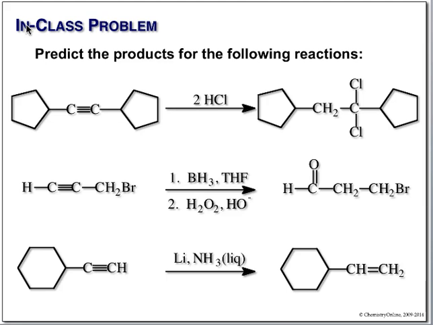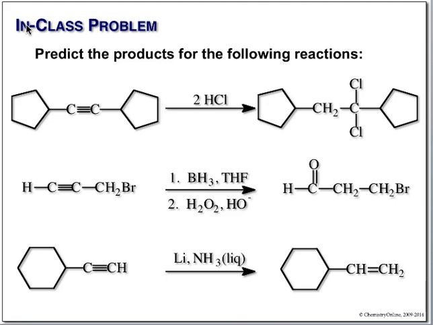We look at our conditions. Lithium, liquid ammonia. Causes a trans. That is reduction, partial reduction. We would get a trans double bond. But watch out for that, because this is a terminal alkene, we're going to put a hydrogen here. Cis and trans has no meaning, does it?